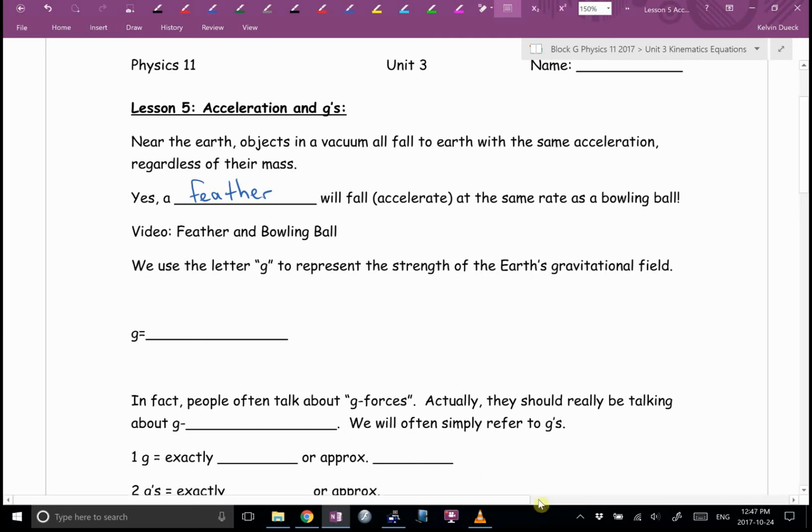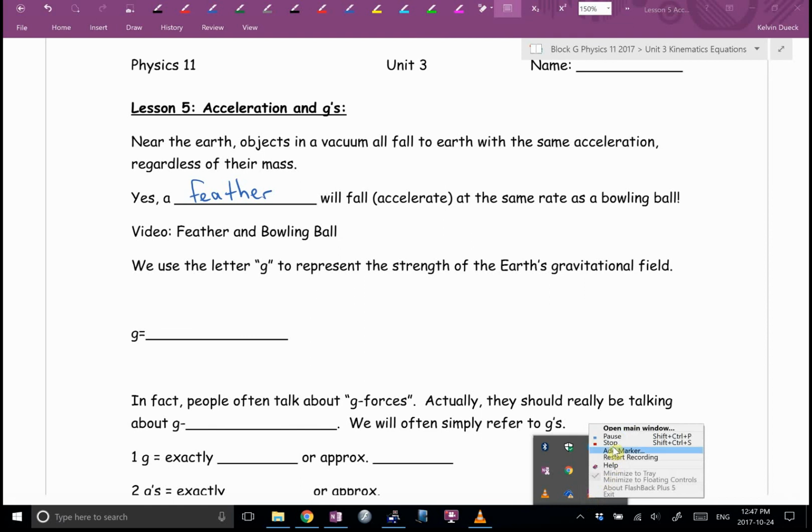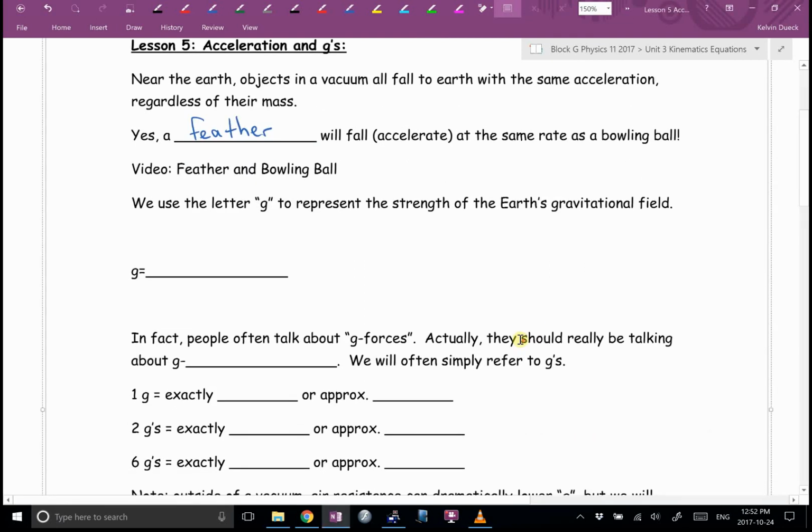Put your pencils down and look up. Everything in a vacuum, Hannah, accelerates at the same rate. And because it's accelerating under the Earth's gravity, we use a lowercase g to represent the acceleration due to gravity. Later on, you'll learn we actually call this the gravitational field strength of the Earth. G on the Earth is, anybody know?